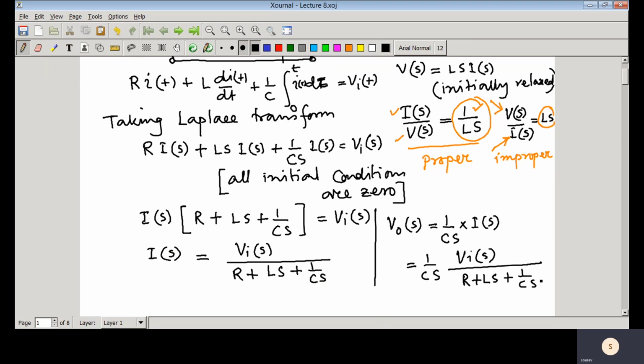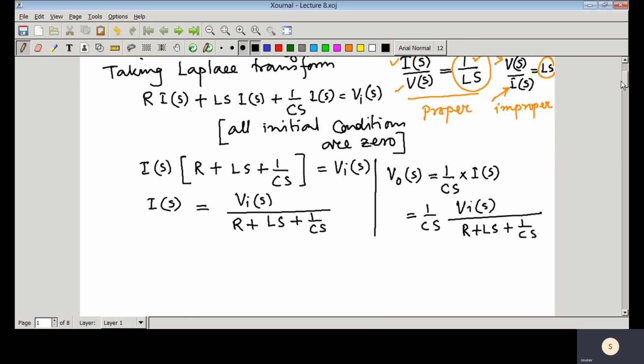Now if you write this expression in input output form, this is your output and this one is input.